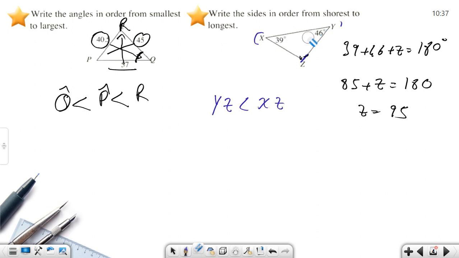Let's clean that all here. I already found 39, so 46 is looking at XZ. Then that's 95, it's looking at that side, that's XY. So when you know the order of the angles, you can order the sides.